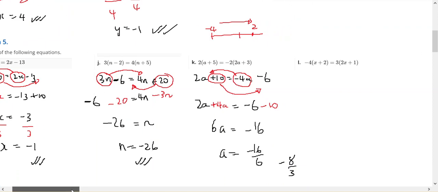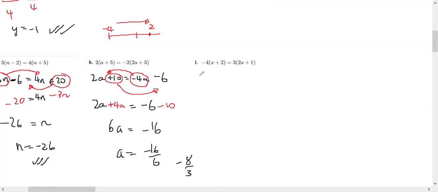And lastly, l, I've got negative 4 times x minus 4x. Negative 4 times 2 is minus 8, equals 3 times 2x is 6x, and 3 times 1 is 3. I've got more x's on the right compared to the left, so I'm going to pick these up and move them to the right-hand side, and that will become plus 4x.